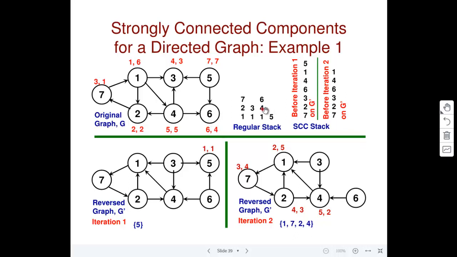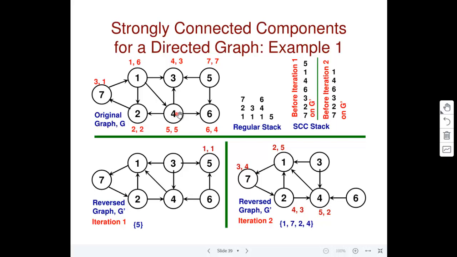As you pop out vertex 6 from the regular stack, push it to the SCC stack. That means the top of the stack is now vertex 4.